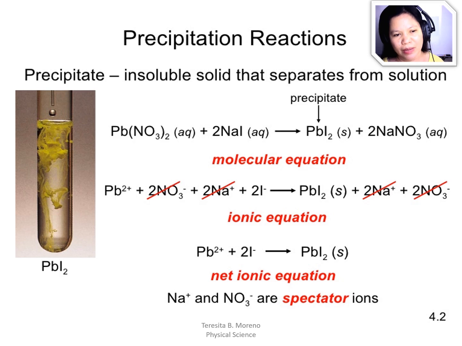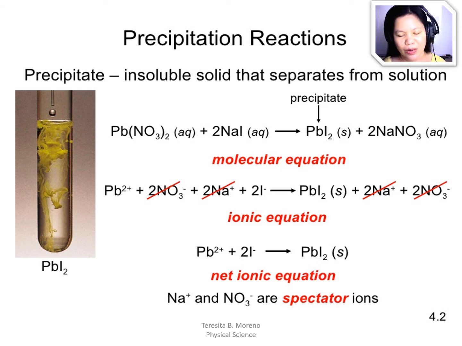What would be our chemical or molecular equation? You have lead nitrate in aqueous solution plus 2 molecules of sodium iodide, also in aqueous solution. It will yield lead iodide, which will serve as the precipitate, and 2 molecules of sodium nitrate.